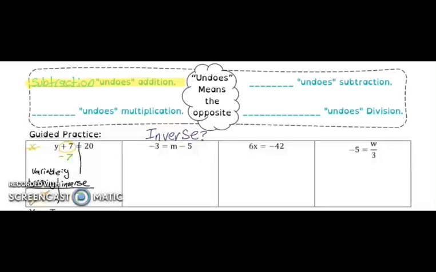But again, what we do to one side of our equal sign, we got to do to the other side of our equal sign. Well, 7 minus 7, that gives us a big, huge 0. And then 20 take away 7, that gives us 13.